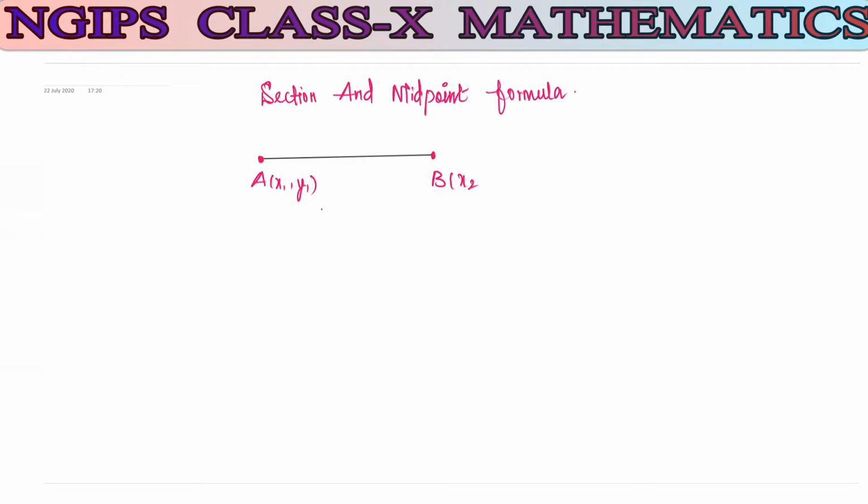Now if you want to find out the distance between these 2 points, here the distance AB is equal to root of x2 minus x1 whole square plus y2 minus y1 whole square. This is the formula to find out the distance between 2 points.